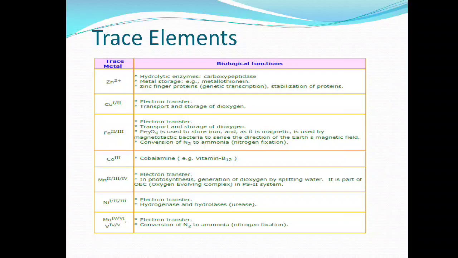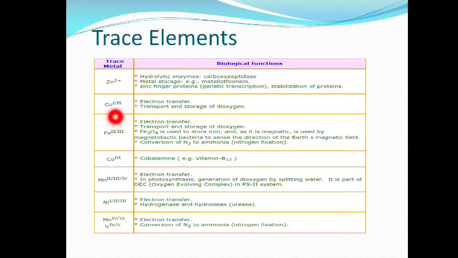Let us see some of the trace elements and their biological role. Many metals, as we know, play an important role in the biological system. Among them, zinc, copper, iron, cobalt, manganese, nickel, molybdenum, vanadium are mentioned here. Zinc is involved in hydrolytic enzymes, such as carboxypeptidase.